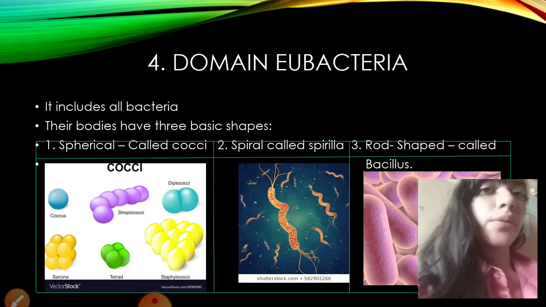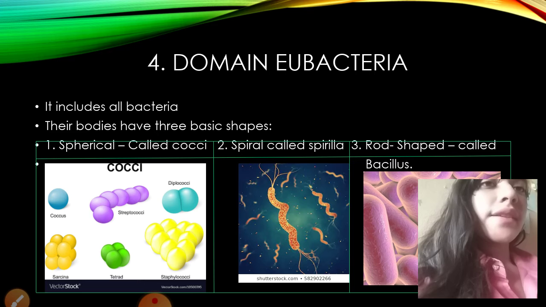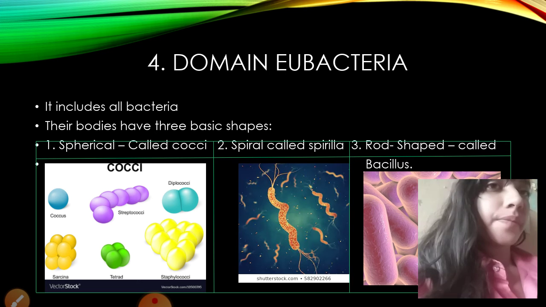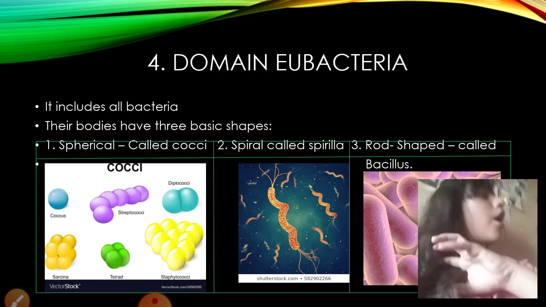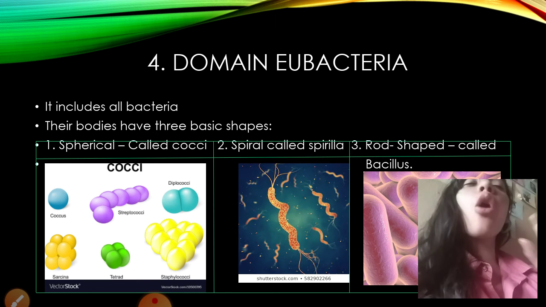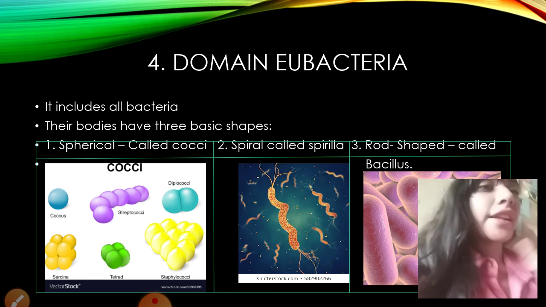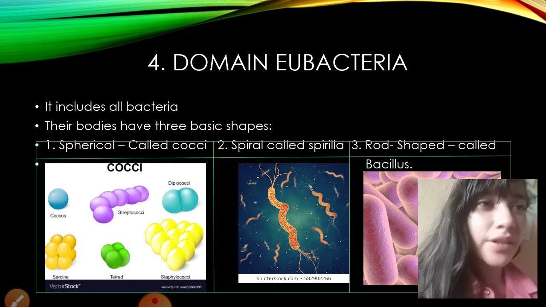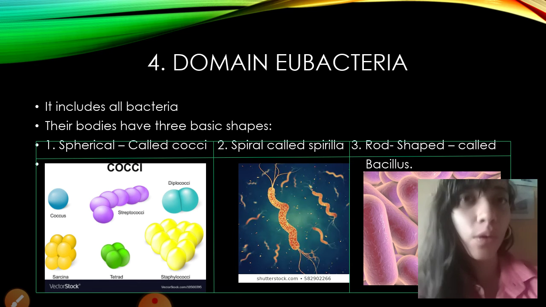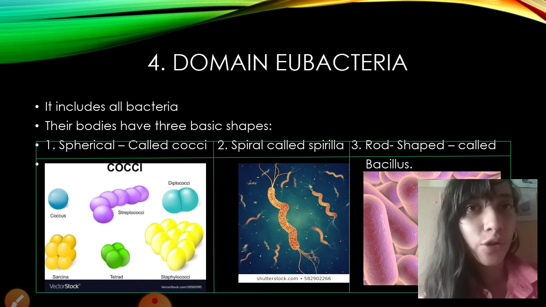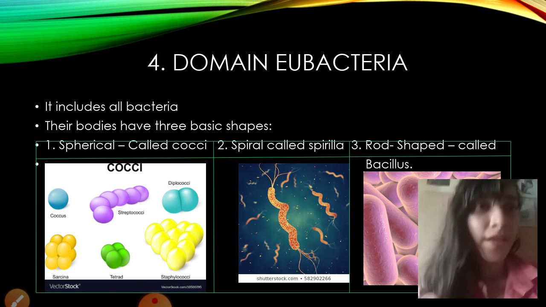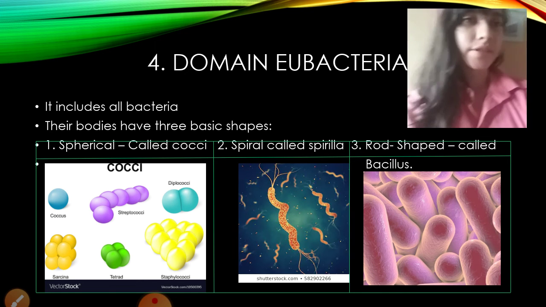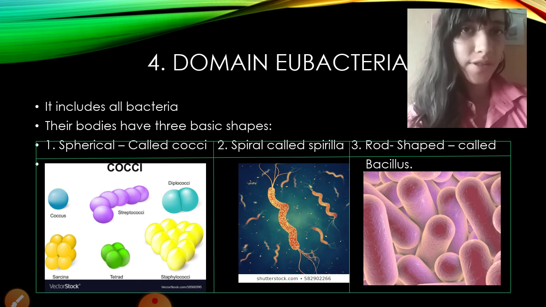Now, number 4. This is the domain Eubacteria. In this kingdom belong all the bacteria that exist. What are some characteristics? Number 1, it includes all bacteria. Number 2, their bodies have 3 basic shapes. And we can see here what the three basic shapes are.